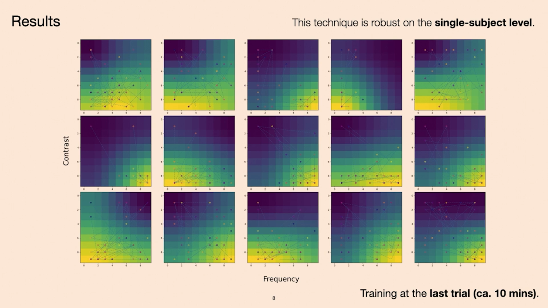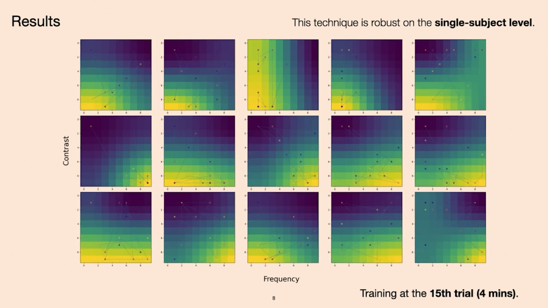This is at circa 10 minutes, so the last trial, but you can also see that at the 15th trial, already it converged toward high contrast and is still maximizing the frequency. So it's very, very fast at converging.